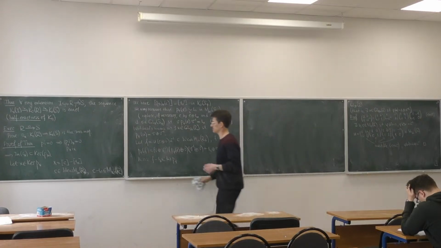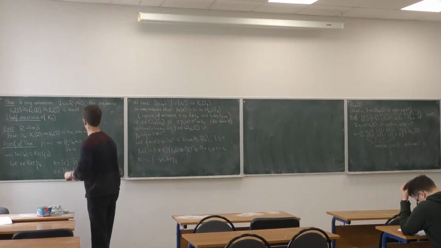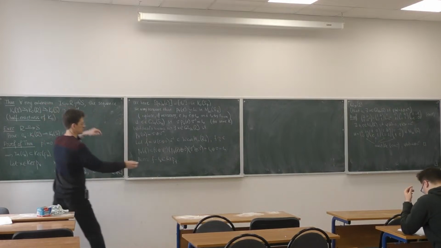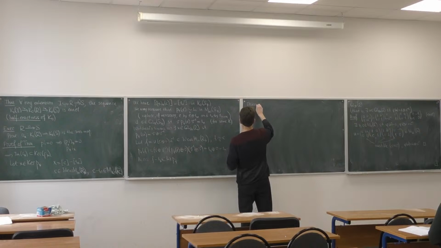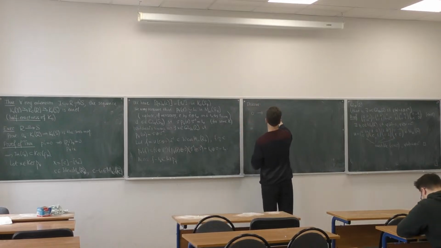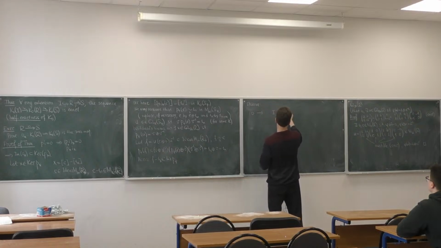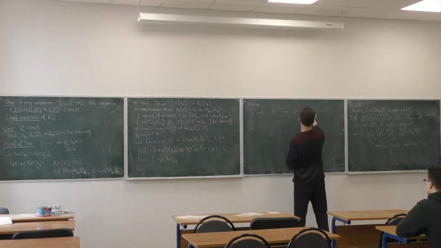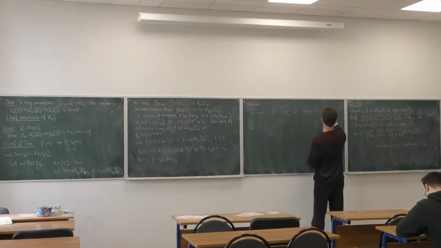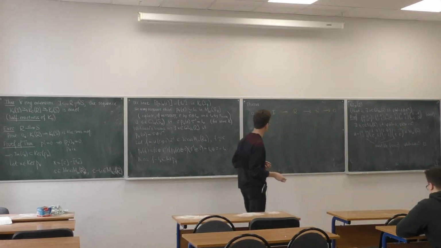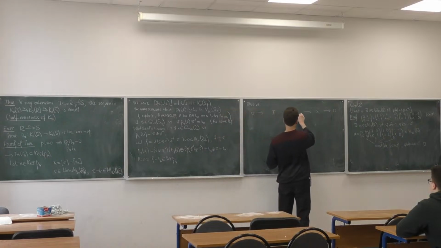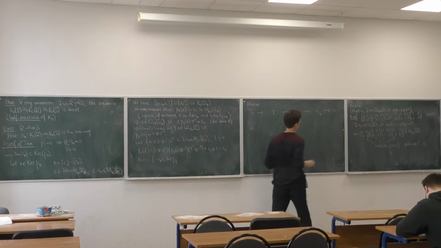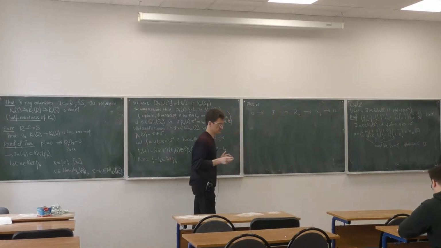Let's observe that if we forget about the multiplication, then of course this sequence is exact, just by assumption. So let's now observe that if we add identities here and here, it is still exact.